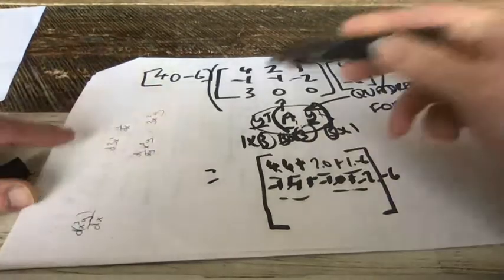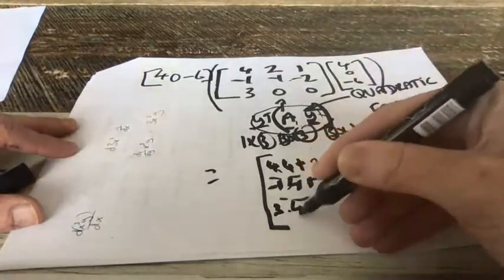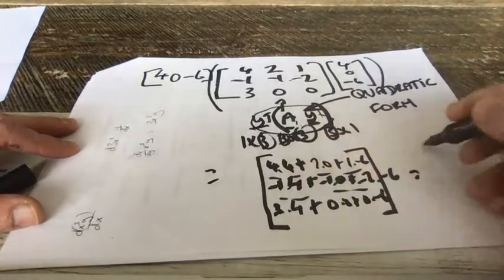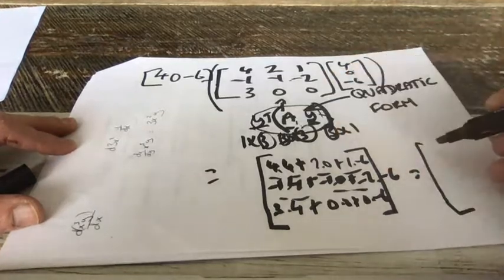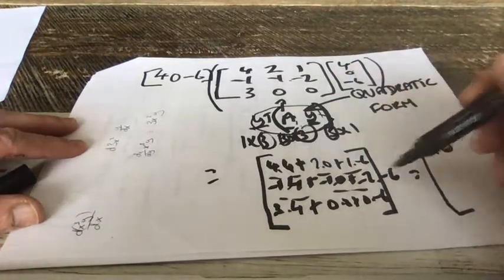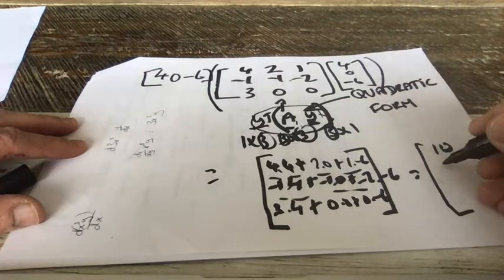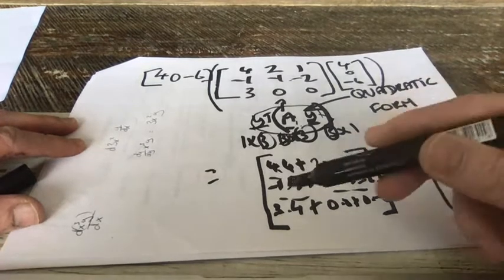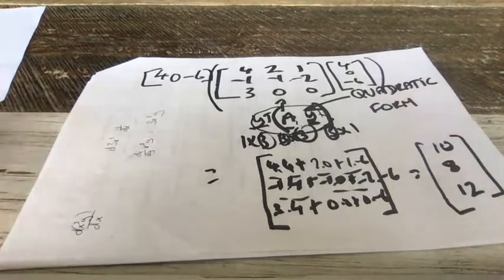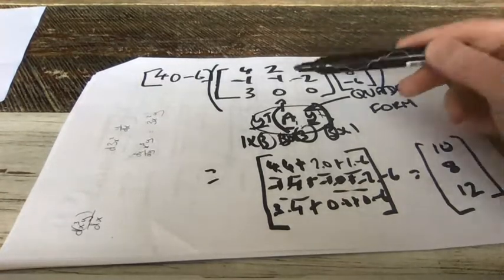And the last one then is 3 by 4 plus 0 by 0 plus 0 by minus 6. And when you do that calculation there, folks, I think you get 16 minus 6, which is 10. You get minus 4 plus 12, which is 8. And the last one then is 12 plus 0, which is 12. So you get 10, 8, 12 as your result from multiplying A by Y.